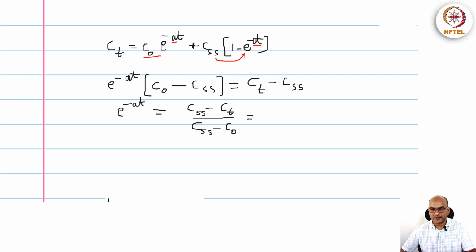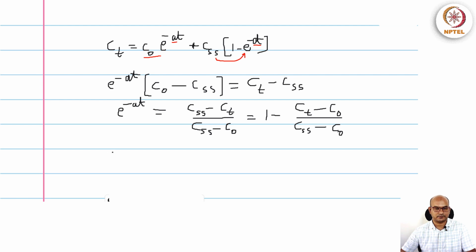This can be rewritten as 1 minus (Ct minus C0) divided by (Css minus C0). If we were to bring this as Css minus C0 plus C0, we will end up with the same scenario. Now we can take the ln on both sides.